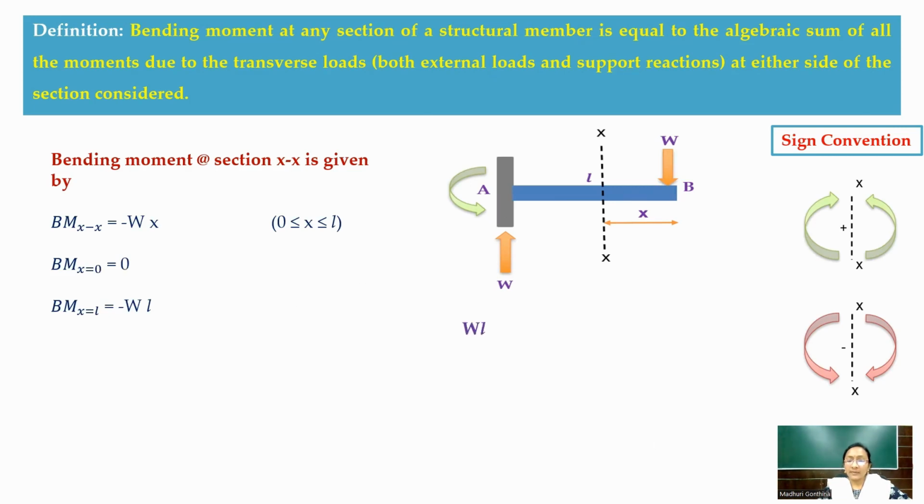Therefore, the bending moment representation is 0 at the B support and WL at the A support, and this is of negative value. So this is a negative bending moment diagram for a cantilever beam.